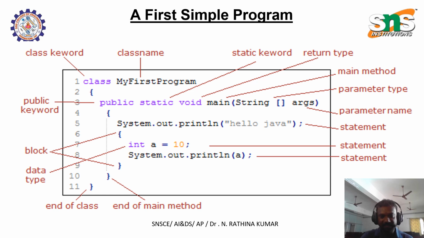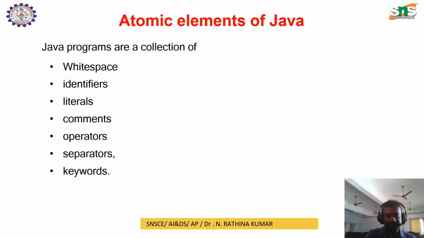Void means it does not return any value. Main is the main method. Then String args is a parameter type and parameter name. System.out.println is, as I already told, System is a class name, out is an object, and println is used to display the message on the screen. Below that we declared a variable named a, assigned some value to a, and with the help of a print statement we simply display an output on the screen. These are some of the elements of Java. Very simple one.